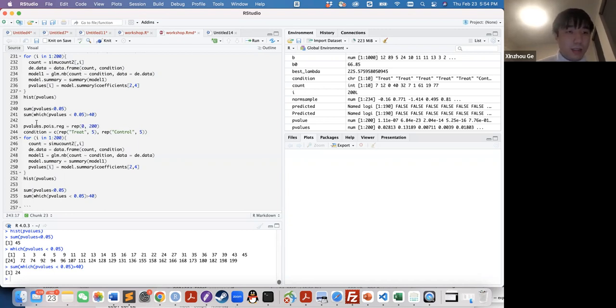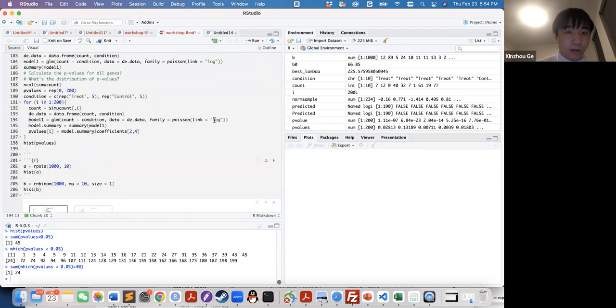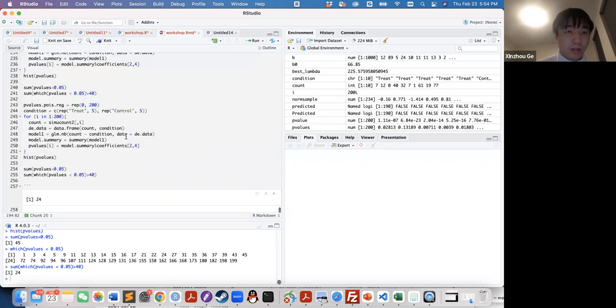And we still have the same format, but we change this part from negative binomial regression into Poisson regression.